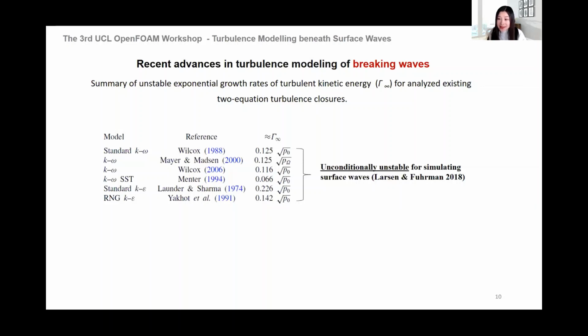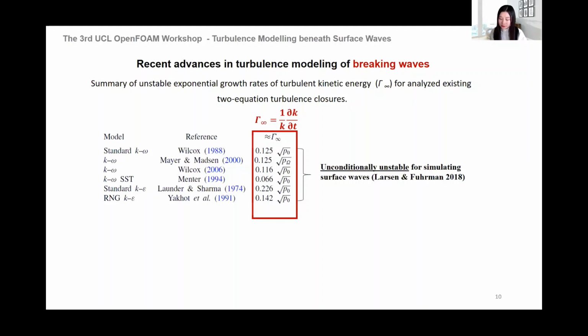They also predicted the turbulent kinetic energy growth rate, gamma infinity, which is a function of the square root of P naught or P omega. These are positive for periodic waves after time and depth averaging. With a positive value of gamma infinity, K, the turbulent kinetic energy, will grow exponentially with time when we simulate surface waves, which is a mathematical reason that is almost built into the standard two equation models.